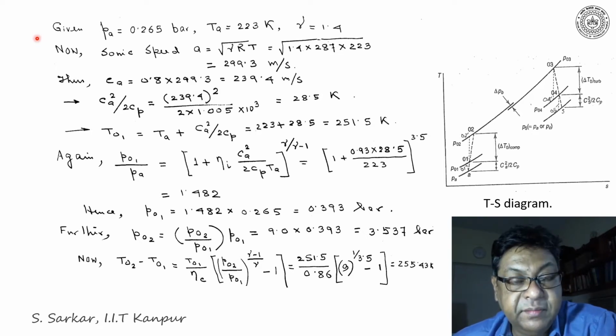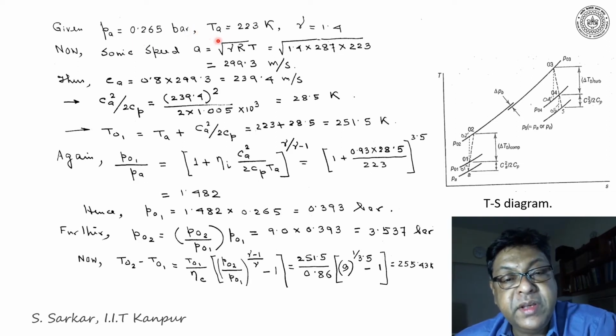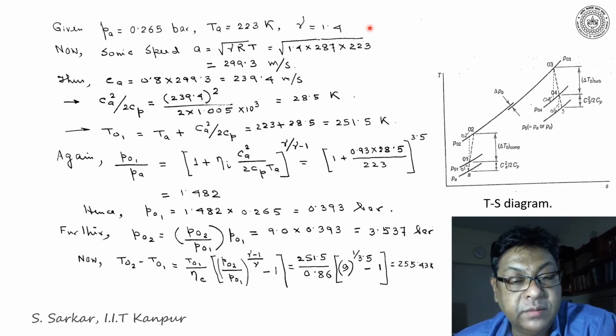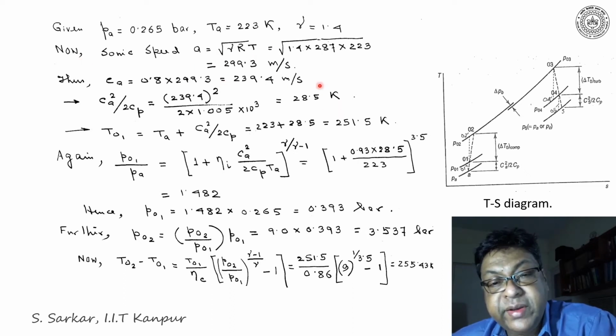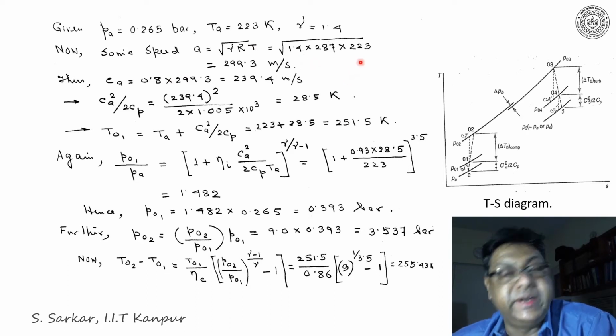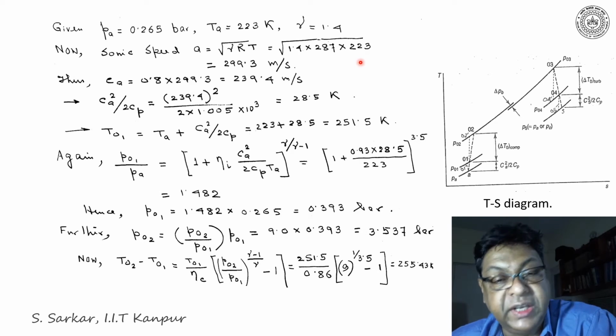Now, given PA, atmospheric pressure, as 0.265 bar, Ta equal to 223 Kelvin, and gamma of air as 1.4. Now we can evaluate sonic speed based on the atmospheric condition, that is a equal to root over gamma RT. Gamma is equal to 1.4, R 287, and temperature of air is 223.